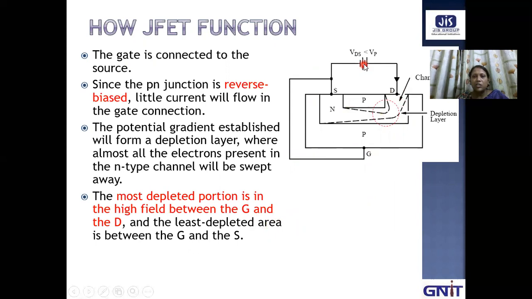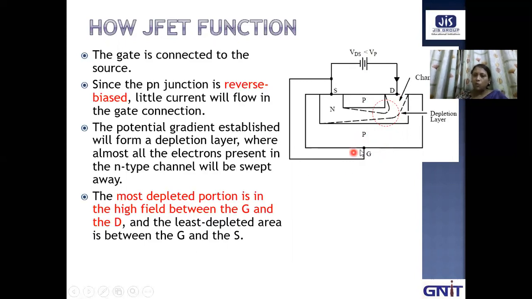Since the PN junction is reverse biased, VGS, actually the gate is connected to the negative terminal of the battery and the gate is of P type, that means the PN junction is reverse biased.